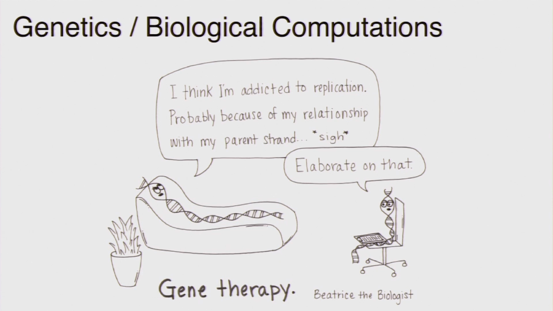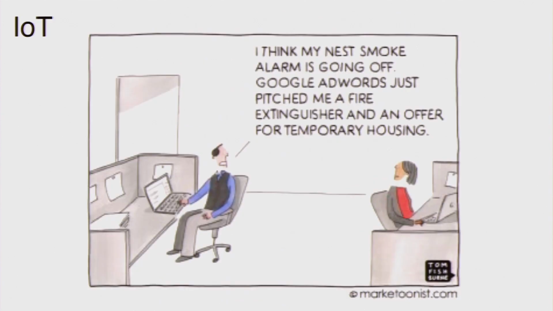Genetics and biological computations, again a lot of data to process, different data structures, very easy to do in Cassandra. And a big one for us too is IoT, where an energy company might have a large distribution of sensors around the world or within their zone, or advertising companies might have a lot of different devices they need to interact with and store the data for. So that's another big one for us.